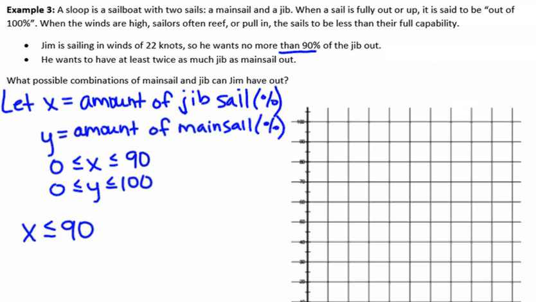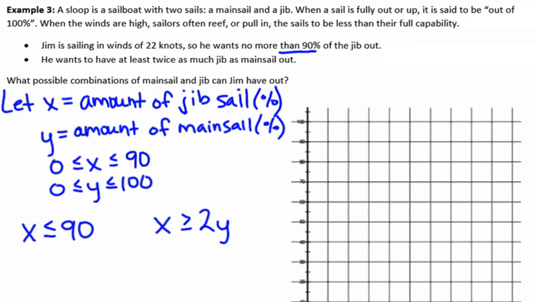And our second one, twice as much jib out as mainsail. So we need our x, which we said is our jib sail, to be twice as much as our y. In order to graph that, we want to make sure we have our y isolated by itself.